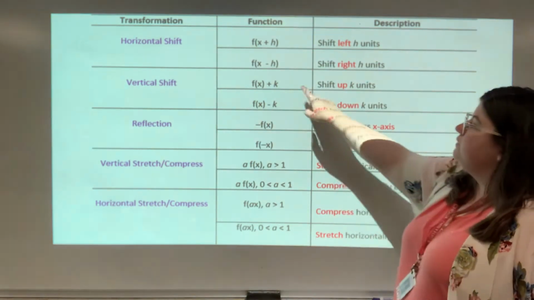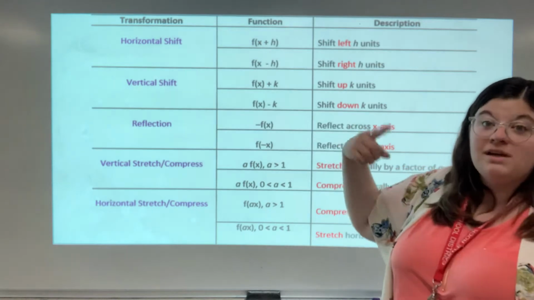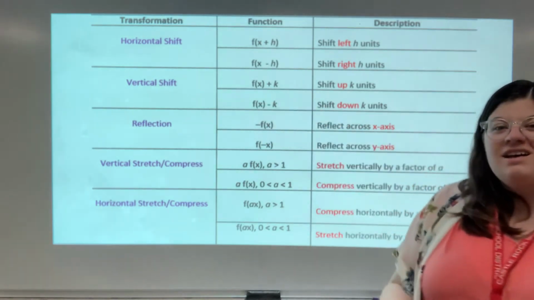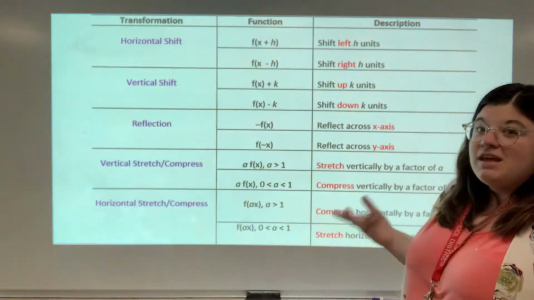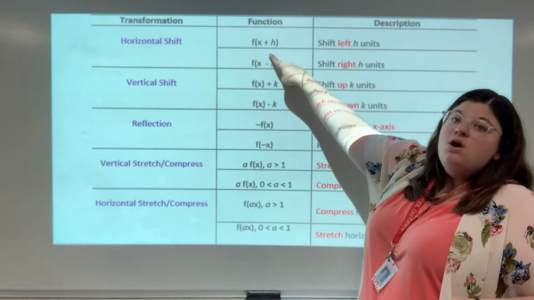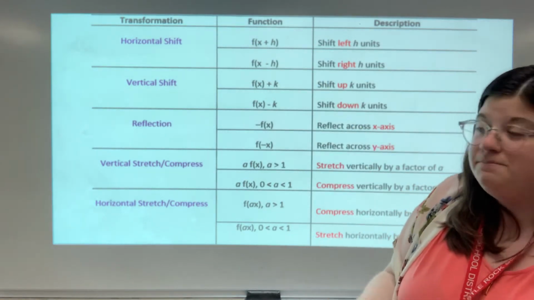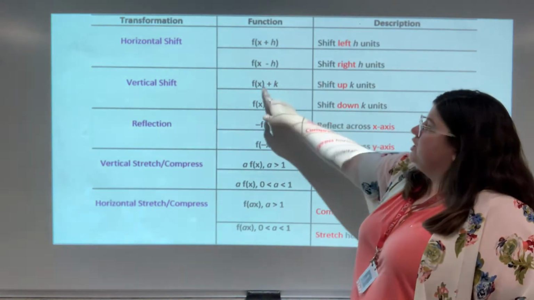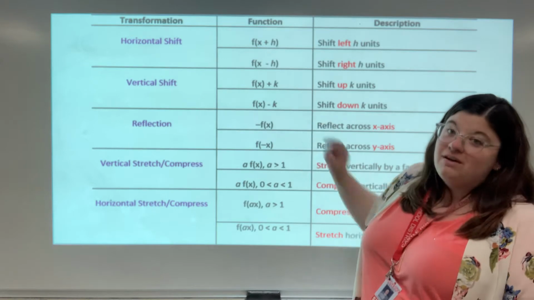The vertical shift, if you have f of x plus k, so here the plus k or the minus k, I'd like to think of it as it's on the outside of the function, it's changing the output. Again, here at the top with our horizontal shifts, we made changes to our input before we even applied the function. Here with our vertical shift, we apply the function first and then add our parameters on the outside.